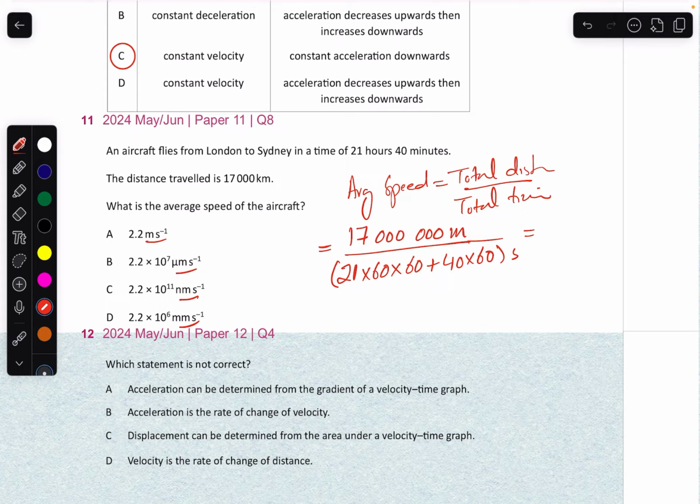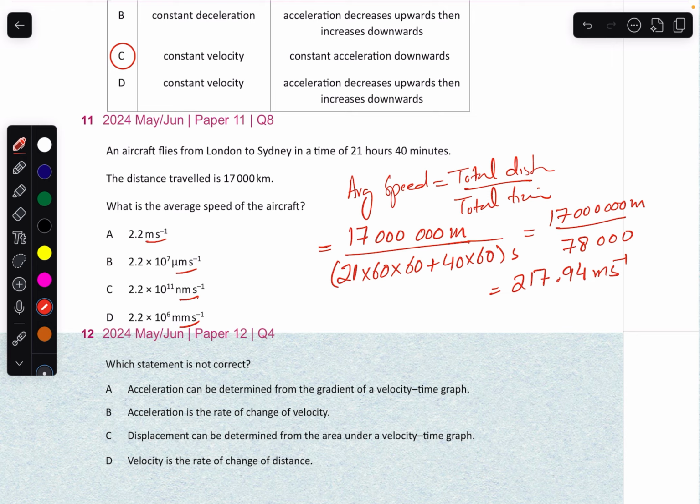It will be 17,000,000 divided by 78,000. When you calculate, it will give you 217.94 meters per second.